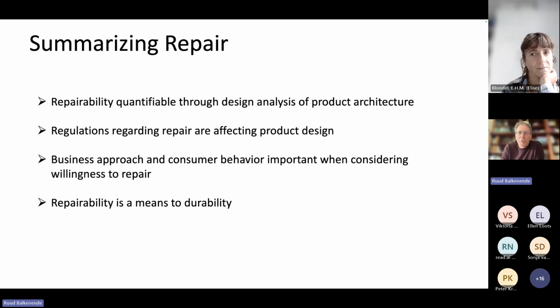Directions in which we are now further developing our repair insights focus on spare part manufacturing through additive manufacturing, 3D printing, and also on consumer behavior in those approaches to stimulate repair. And further, we are quite interested now also in the tensions between design for recycling and design for repair. What can we do to make sure that both circular strategies can be fulfilled?